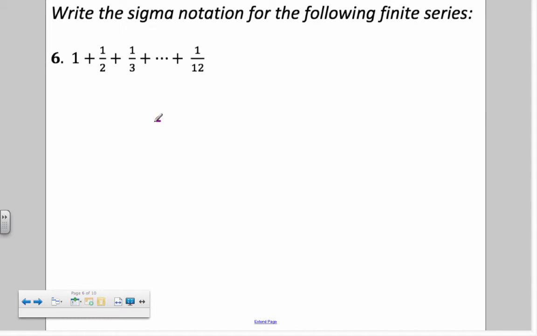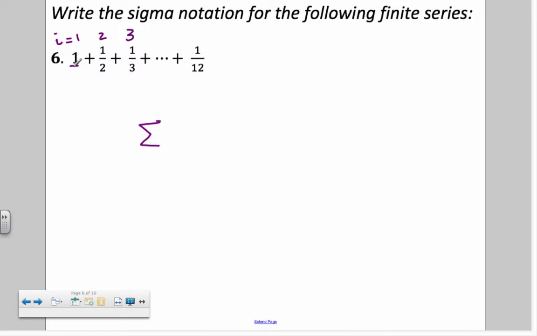So let's start out by writing down sigma, which is our nice symbol like that. And let's go ahead. We are going to just see here, we're going to write it up here for our I is 1, 2, 3. And let's see if we can find a pattern. Well, if my I is 1, it's 1. If my I is 2, it is 1/2. If it's 3, it's 1/3.